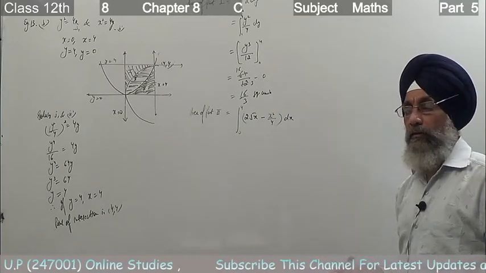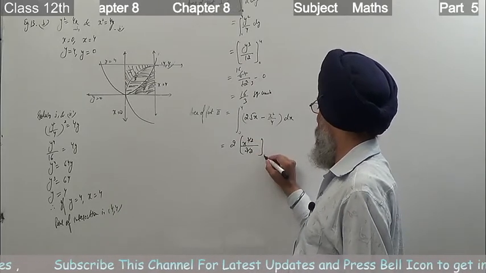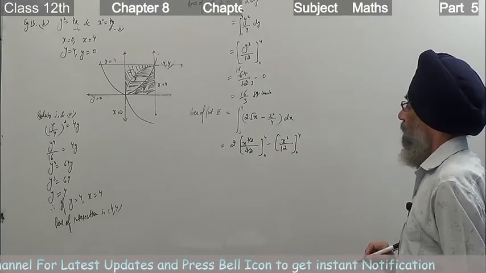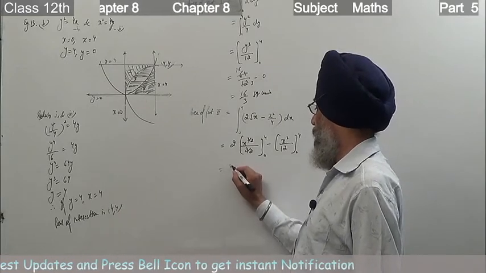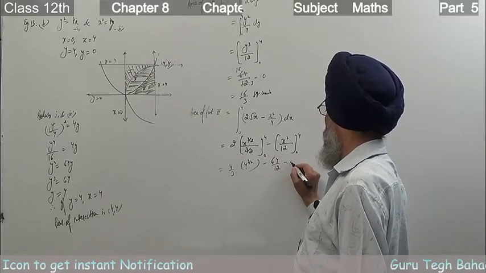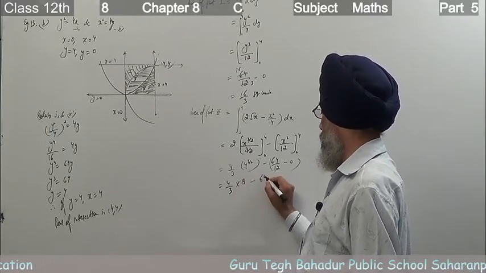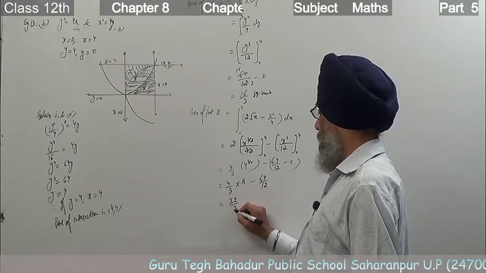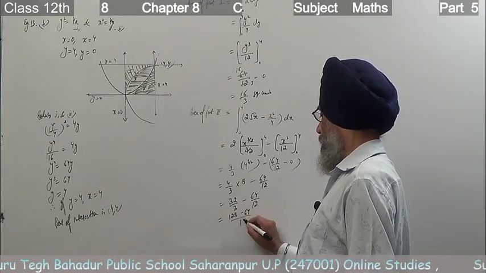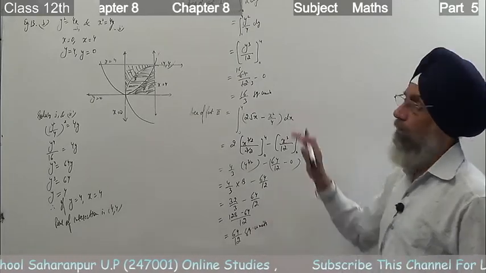Because we are taking the limit of x here. 2 x to the power 3 by 2 upon 3 by 2, 0 to 4, minus x cube upon 12, 0 to 4. That is 4 upon 3 into 4 to the power 3 by 2 minus 64 upon 12 minus 0. 4 upon 3 into 8 is 32 upon 3, minus 64 upon 12, which is 16 upon 3, same as the area of part 1.